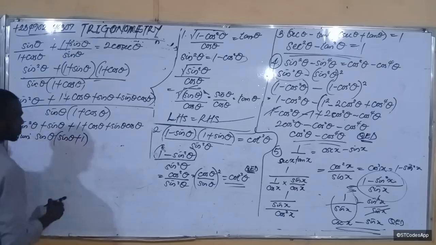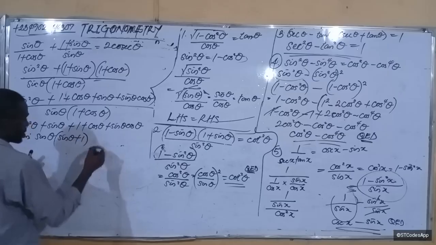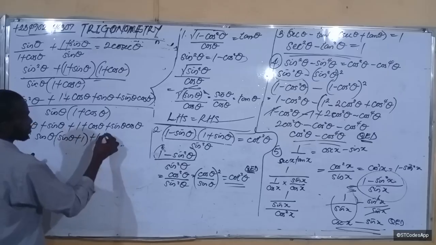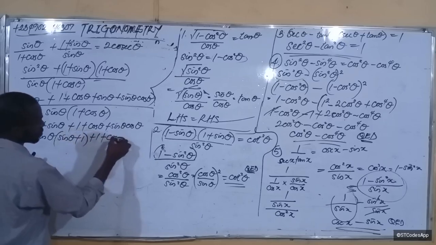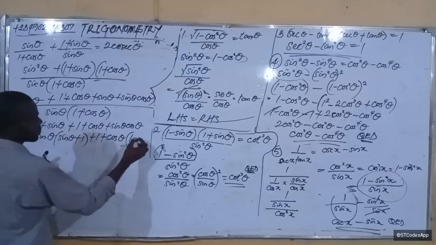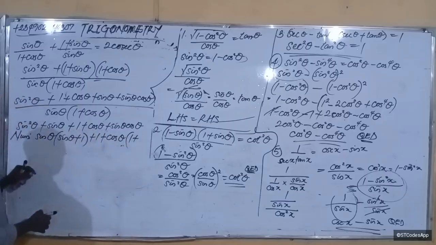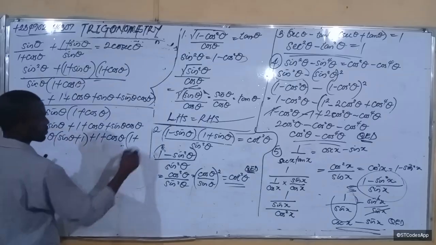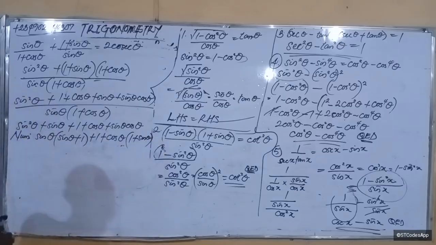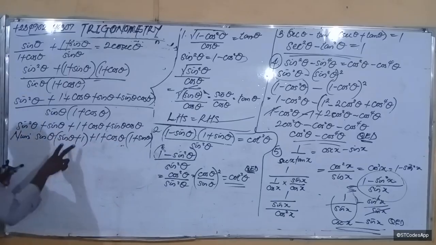Let's see if it works. Then we factor out cos theta into bracket 1 plus sine theta. So from what you can see here, you will notice that sine theta plus 1 and 1 plus sine theta are the same, right?